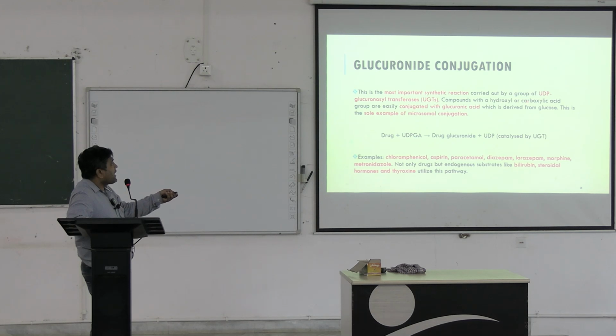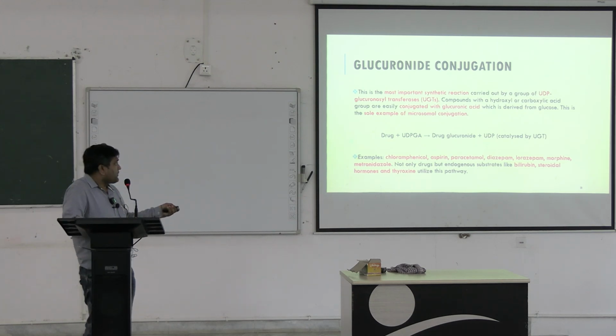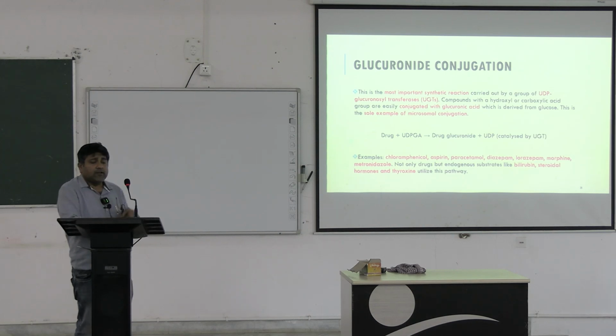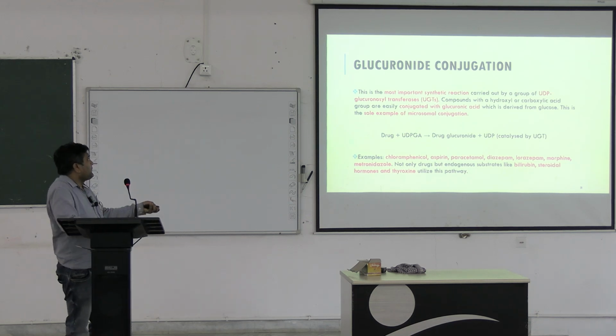Compounds with a hydroxyl or carboxylic acid group are easily conjugated with glucuronic acid, which is derived from glucose. Examples are chloramphenicol, aspirin, paracetamol, diazepam, lorazepam, morphine, metronidazole. Not only drugs, certain endogenous substances like bilirubin, steroidal hormones and thyroxine are metabolized by this pathway.